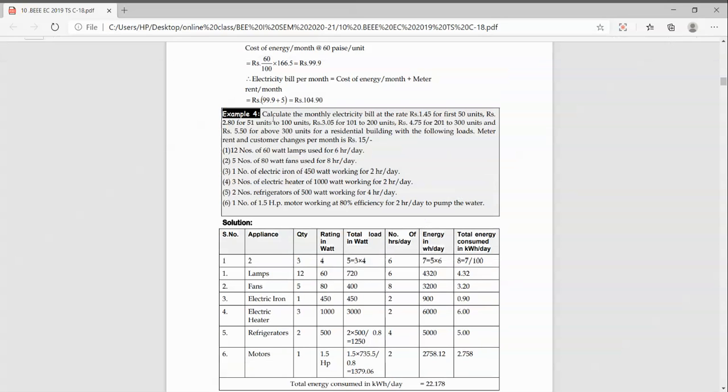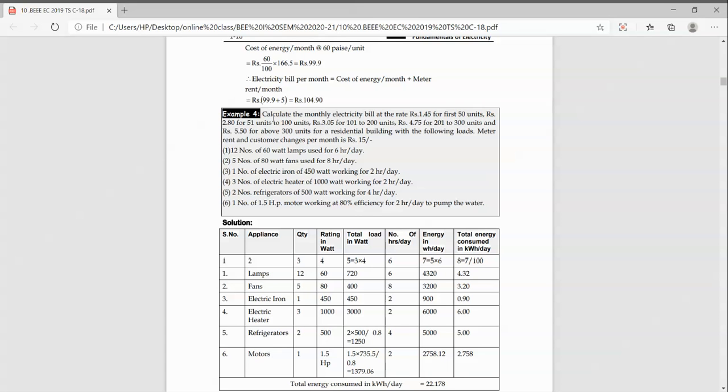Example 4 says: calculate the monthly electrical bill at the rate of rupees 1.45 for the first 50 units, rupees 2.80 for 51 to 100 units, rupees 3.05 for 101 to 200 units, rupees 4.75 for 201 to 300 units, and rupees 5.50 for above 300 units for a residential building, with the following loads.